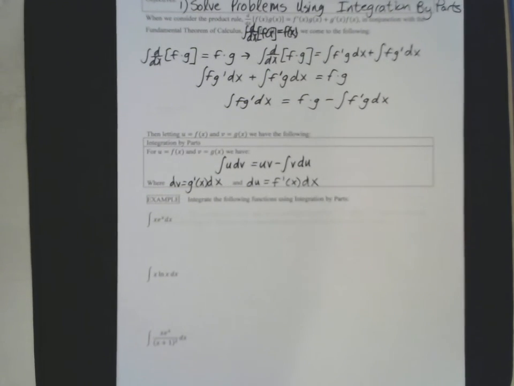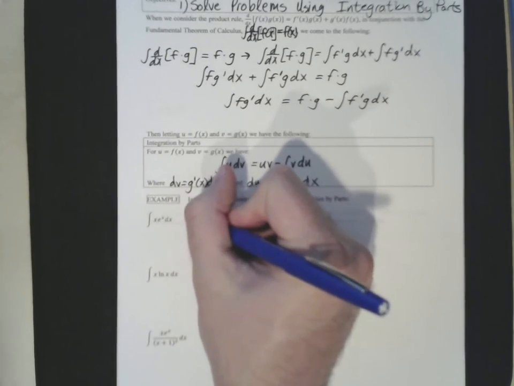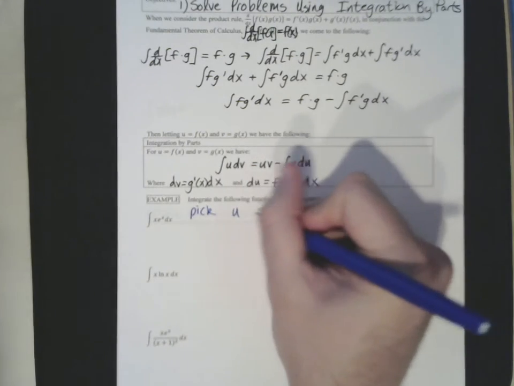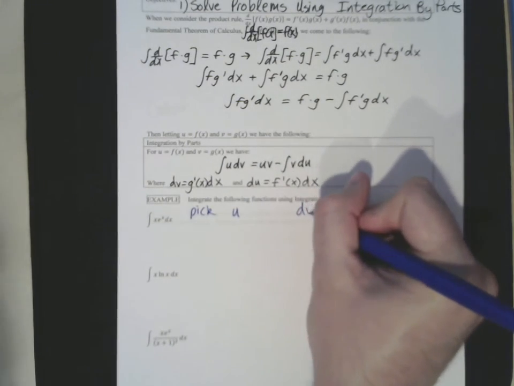So we have some examples here to integrate and to practice. What we have to do when we're solving problems with integration by parts is identify the parts. We pick the parts. So you always start by picking two specific parts. We pick u and we pick dv.